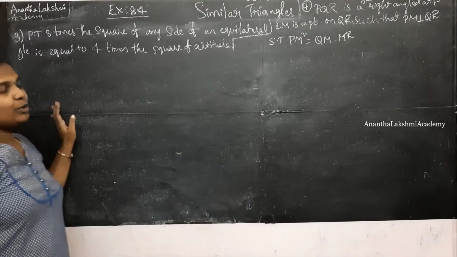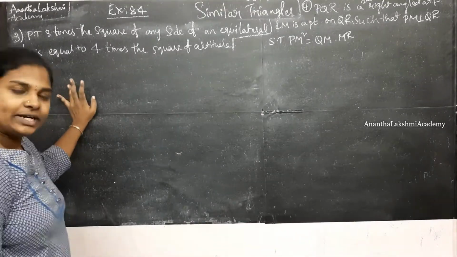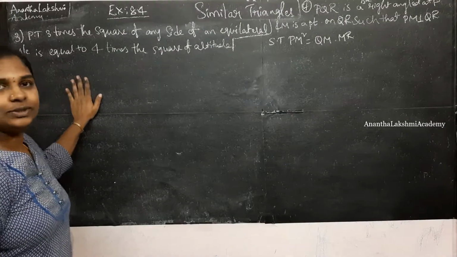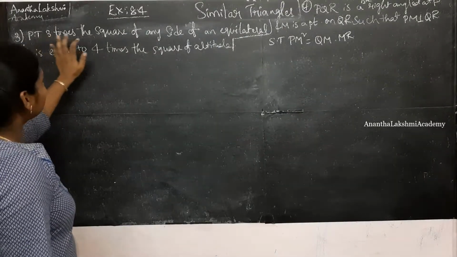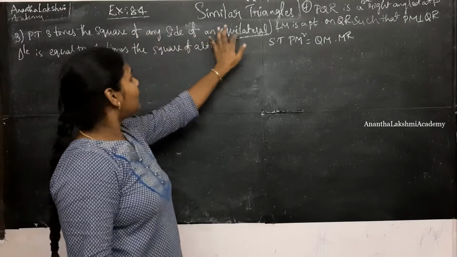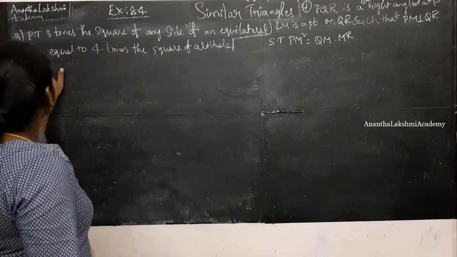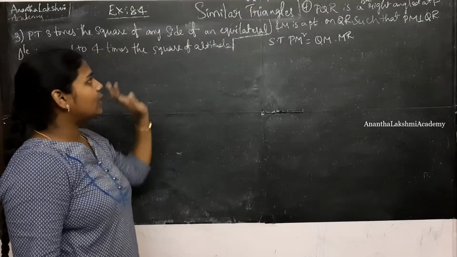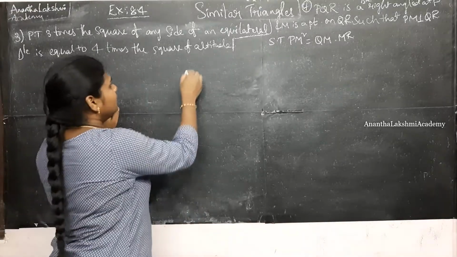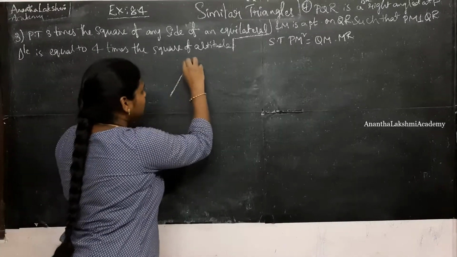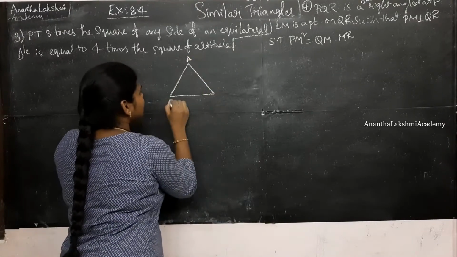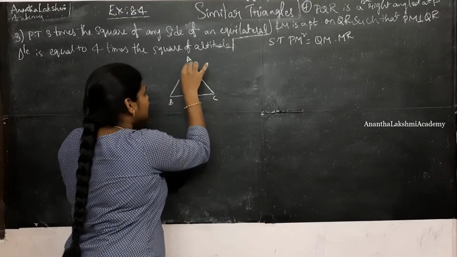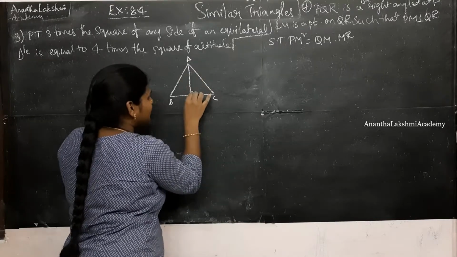So here we have problems number 3 and 4 already written on the board. So let's go through them. The first one is the third one. Prove that 3 times the square of any side of an equilateral triangle is equal to 4 times the square of the altitude. Here we are dealing with the equilateral triangle ABC, and the altitude is always perpendicular to the base.